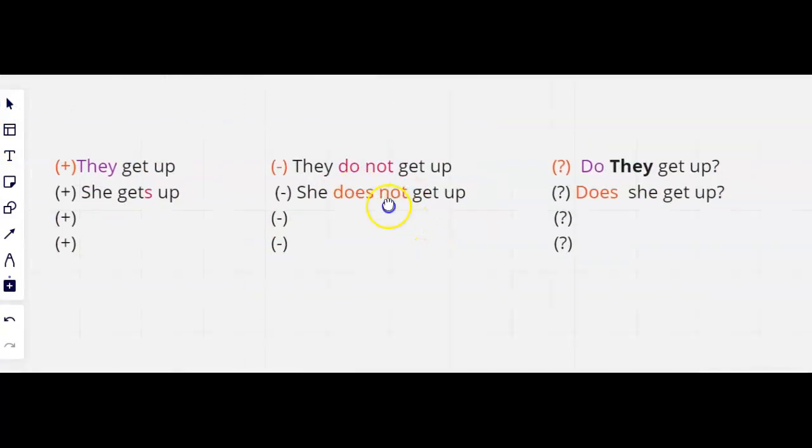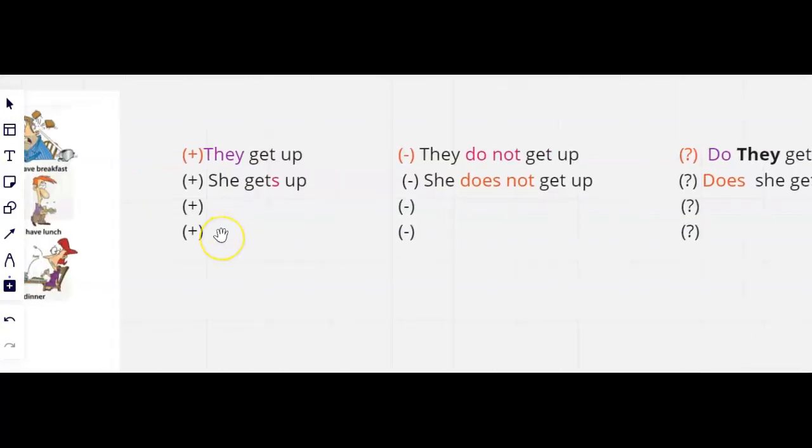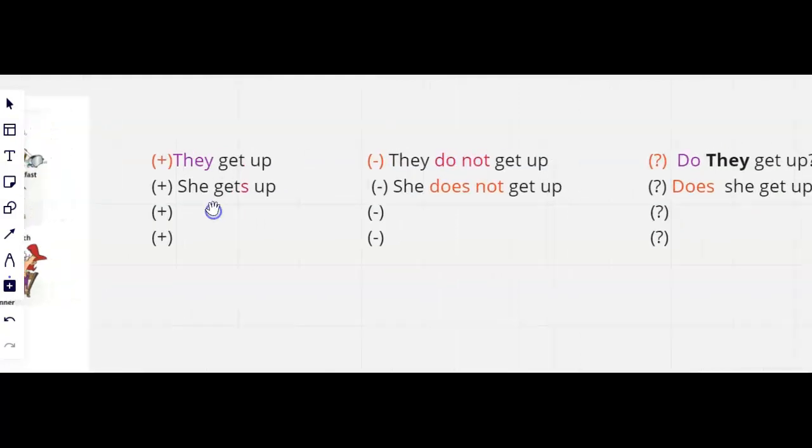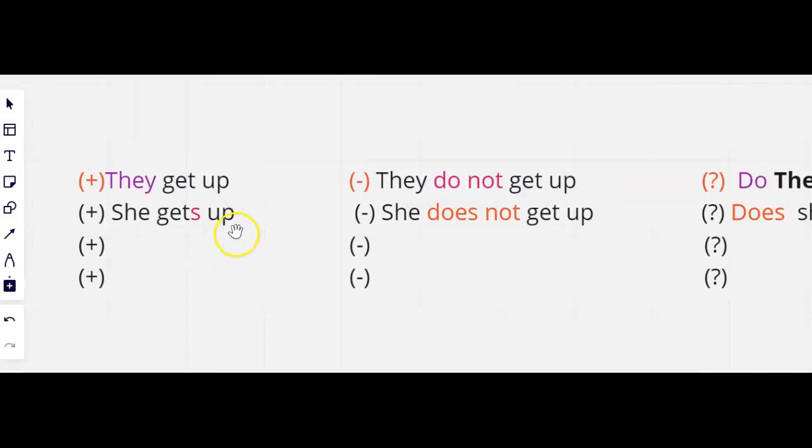What you need to take into account is that with plural you never change the verbs, with we, you, they, or I, first person as well. Whenever you have third person, always, just in affirmative sentences, you modify the verb with the rules that I showed you before.